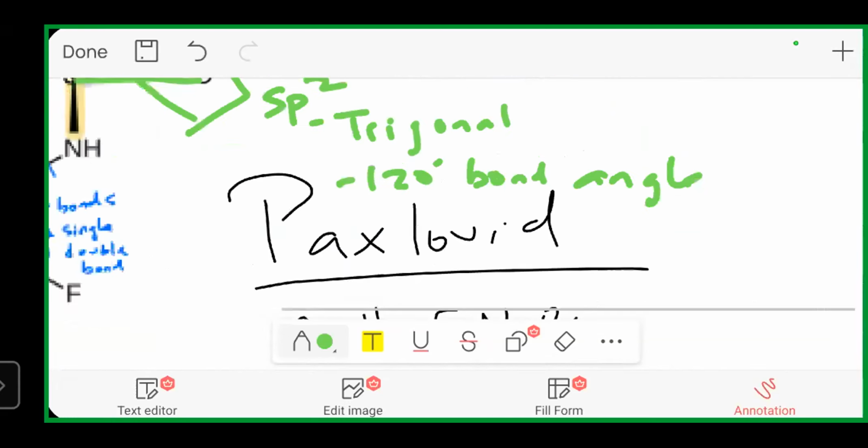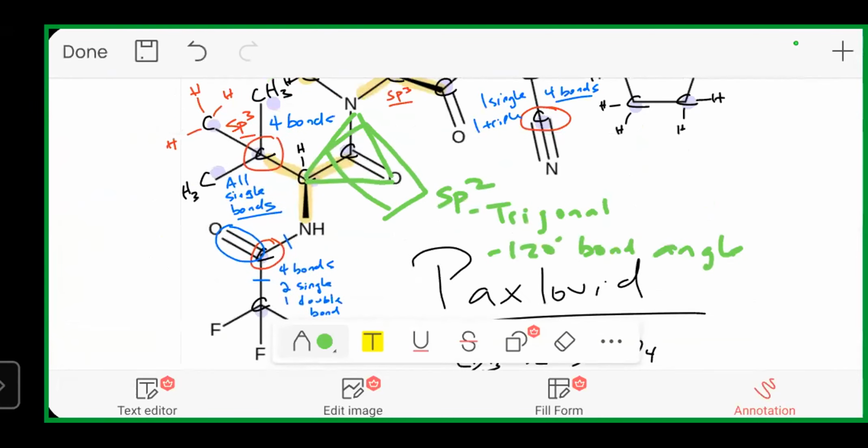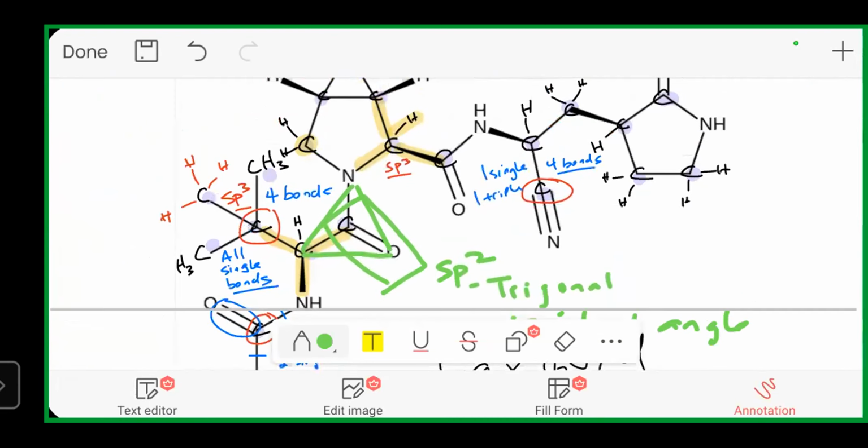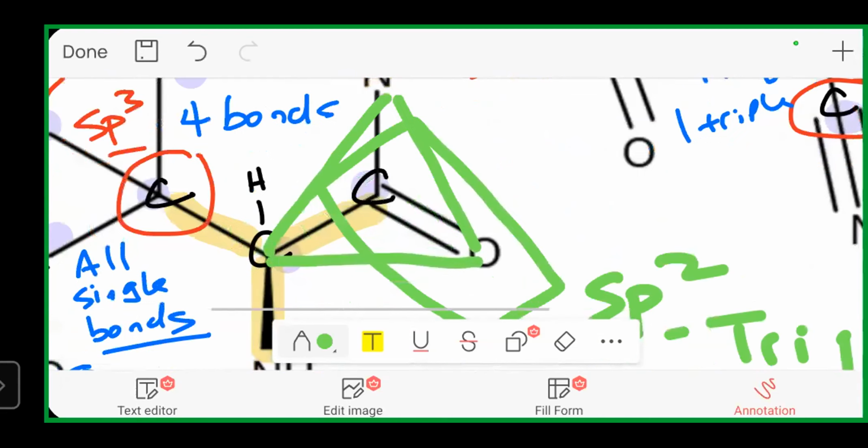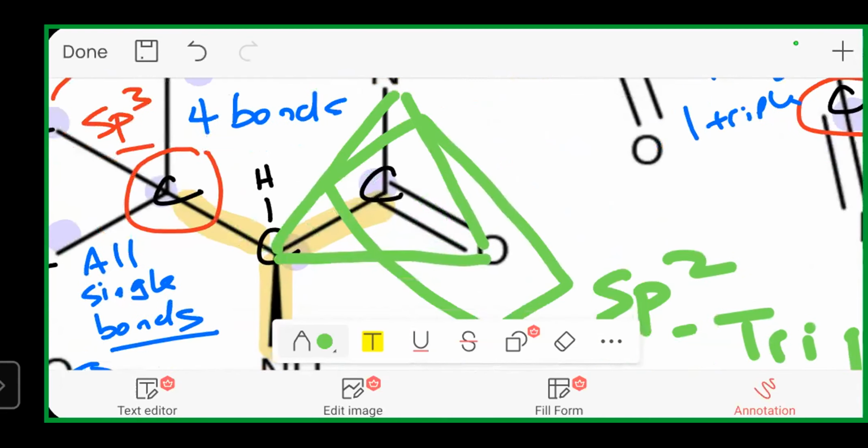Right? And the other part that makes it very easy to pick out whether a carbon is sp2 or not is here. If you look at that carbon right here, let me highlight that.